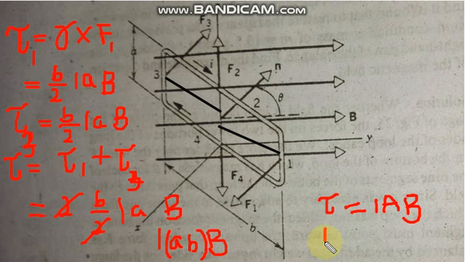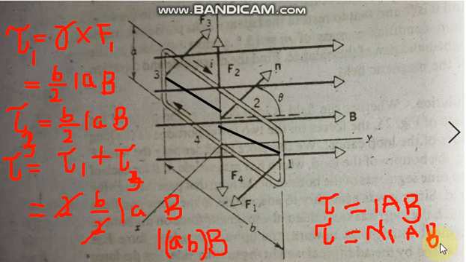If we have a coil having n number of loops, then the total torque acting on that coil will be equal to n times I into A into B. This would be the value of the total torque acting on a coil of n turns, each carrying a current I, having an area A, sorry, not cross-sectional, it is the area A of the loop of each turn of the coil.